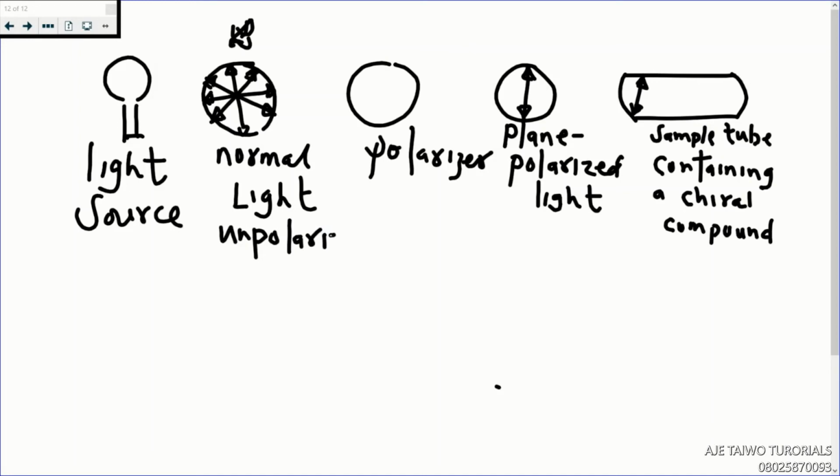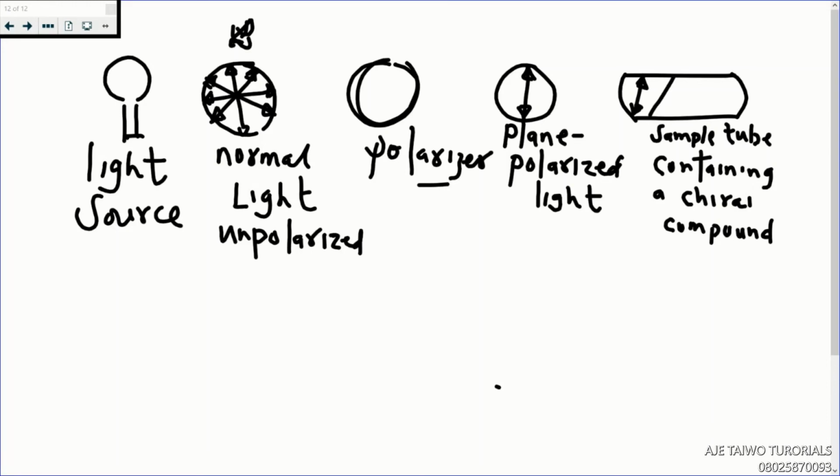Unpolarized. This is now the polarizer, which wants to make the light become polarized. This is now plane polarized light. So the plane polarized light is now entering here. As it enters here, what happens? It starts turning.